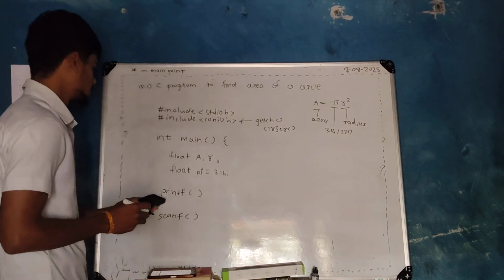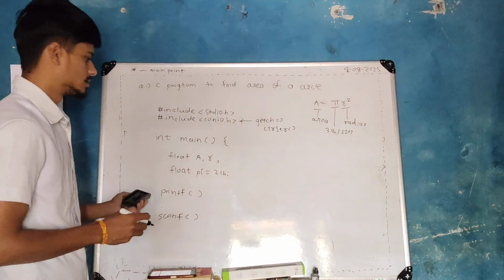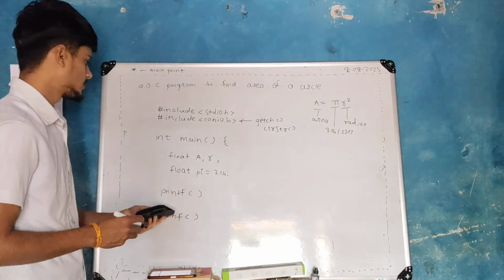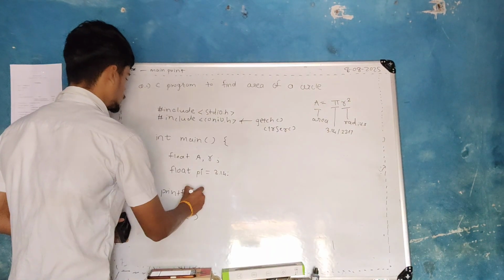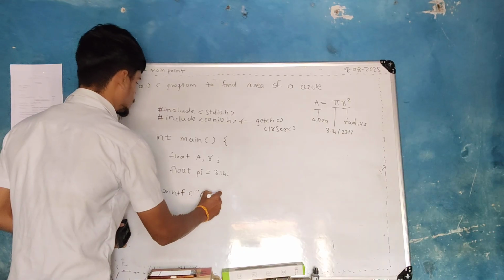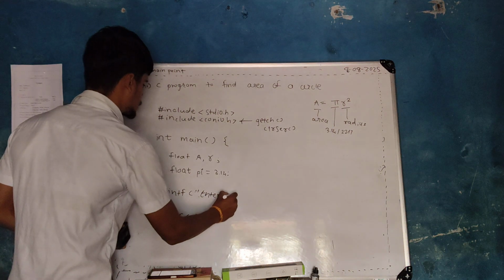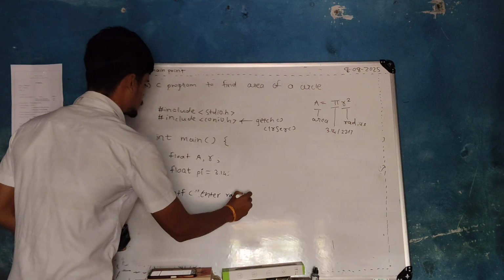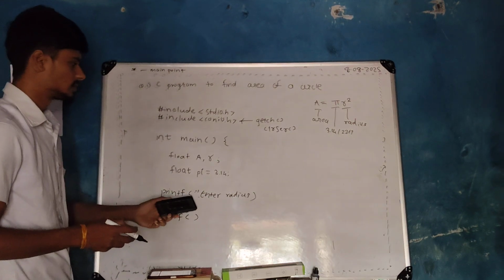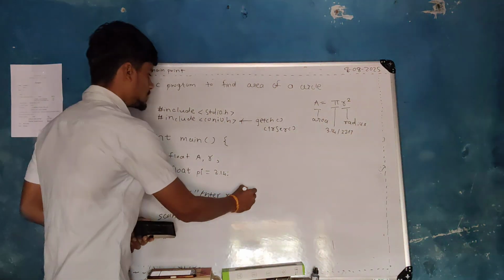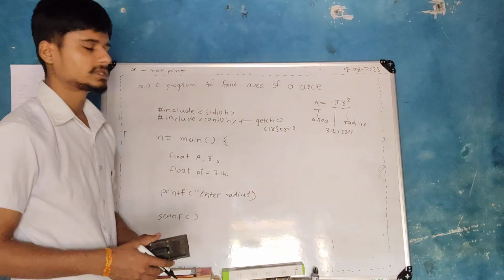We don't need to give a return type here, even though they are functions. What we are going to print here is "Enter radius", and it will print this statement when you open your output screen.